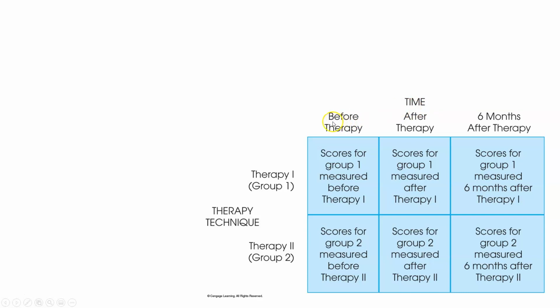And here we would say we've got before therapy, after therapy, and 6 months after therapy. And in each one of these cells, you would have some scores on some dependent variable that you're interested in. There would be scores for this group 1 that's measured before therapy, and scores for this group 2 that's measured before therapy. And group 1 measured after therapy, group 1 measured 6 months after therapy, and so on.